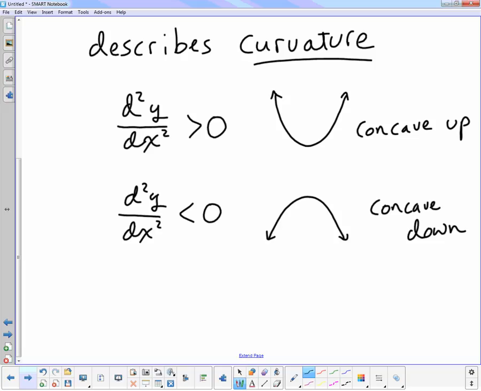Well, I should say that if the second derivative is 0, what do you think that is? Yeah, it's a constant curvature, which means it's got a horizontal.